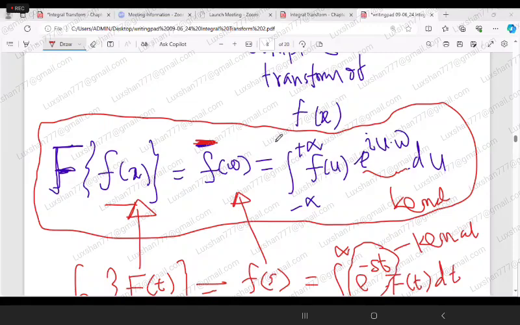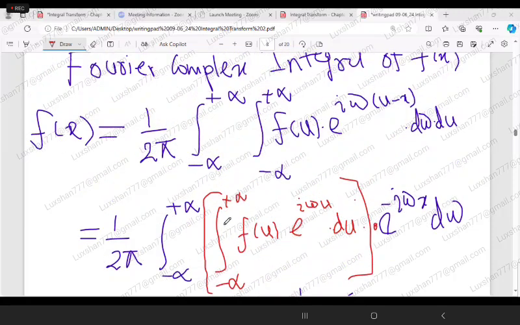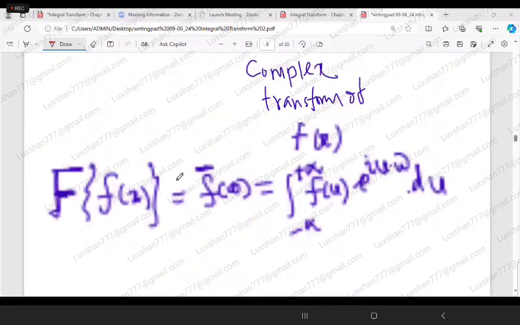Right. Now, having understood this one, in this Fourier integral representation, I'm going to replace this by the Fourier transform.